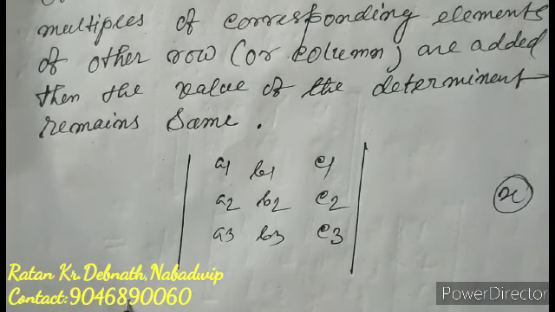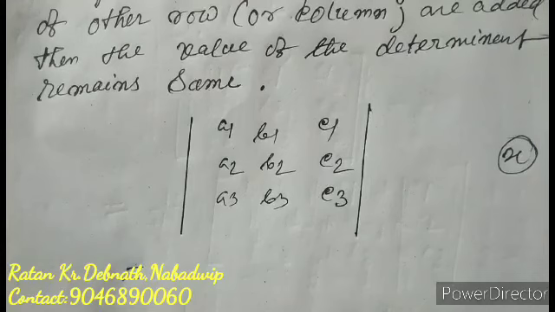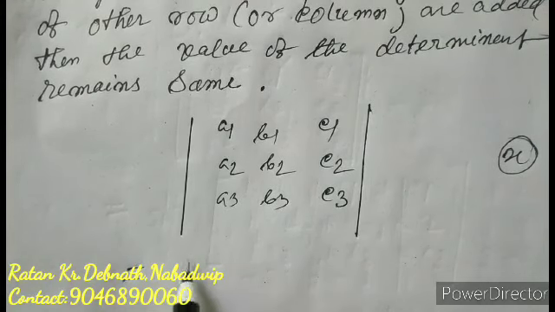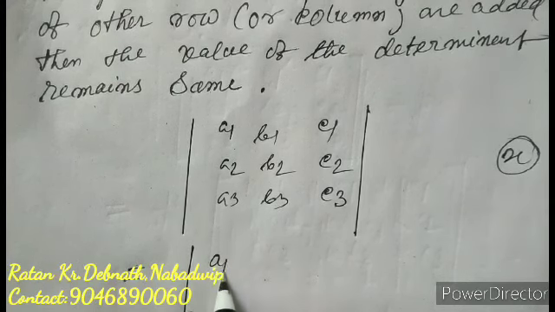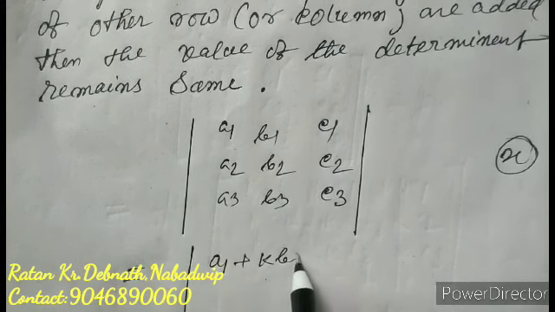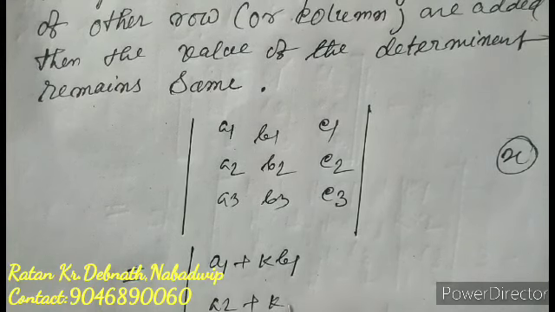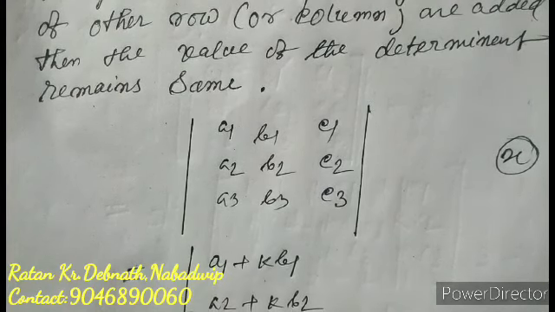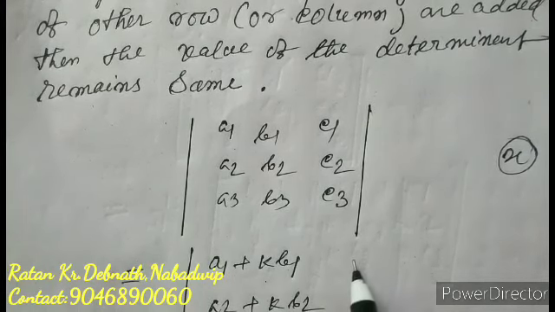Now we are doing some determinant operation. We just write A1 plus k into B1, A2 plus k into B2, A3 plus k into B3.